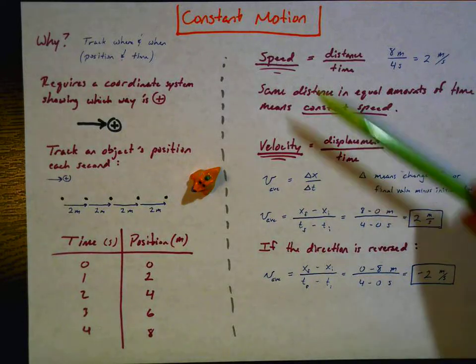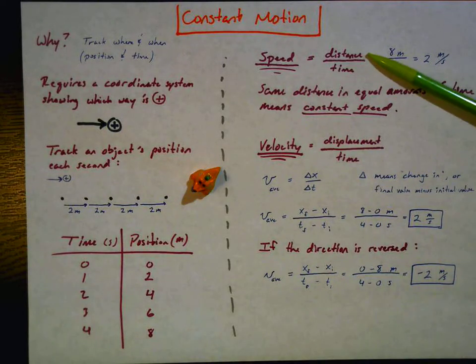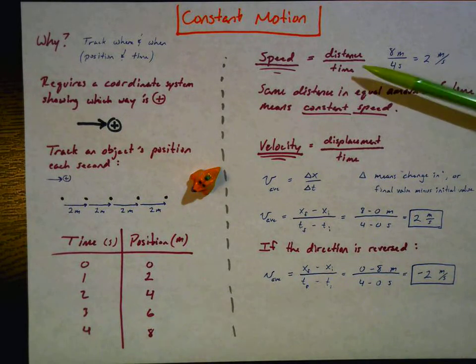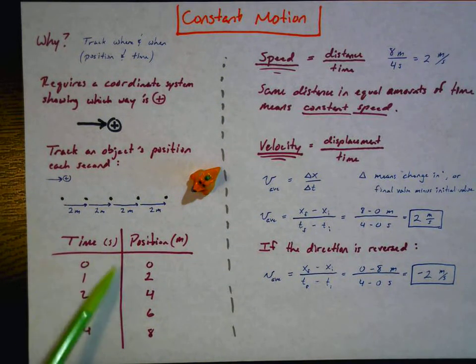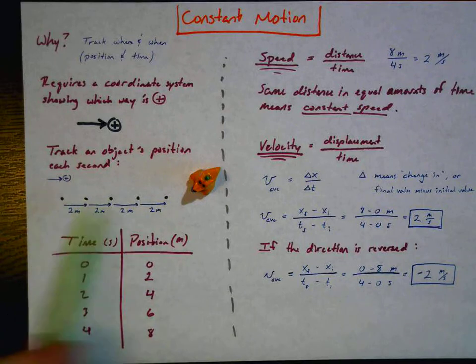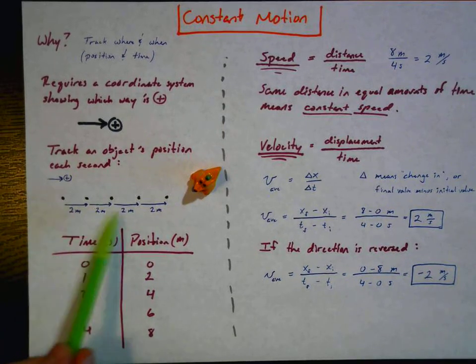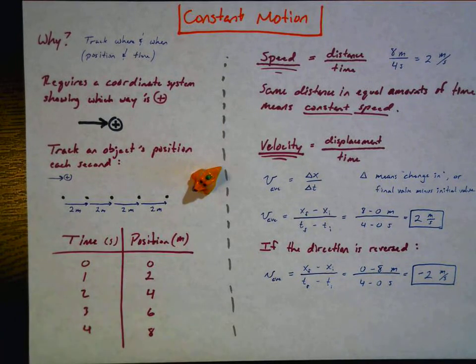Now let's look at what we have. We can talk about the speed. Speed is the distance traveled divided by the time. So how far did Mrs. Kangaroo travel? She traveled a distance of 2, 4, 6, 8 meters, and it took 4 seconds to do that. So Mrs. Kangaroo's speed would be 2 meters per second.